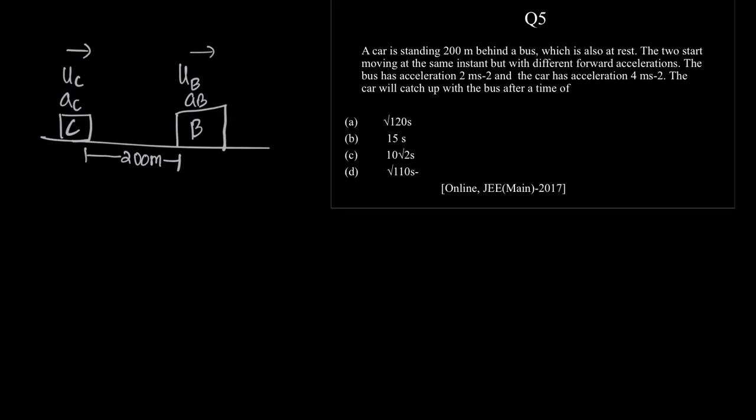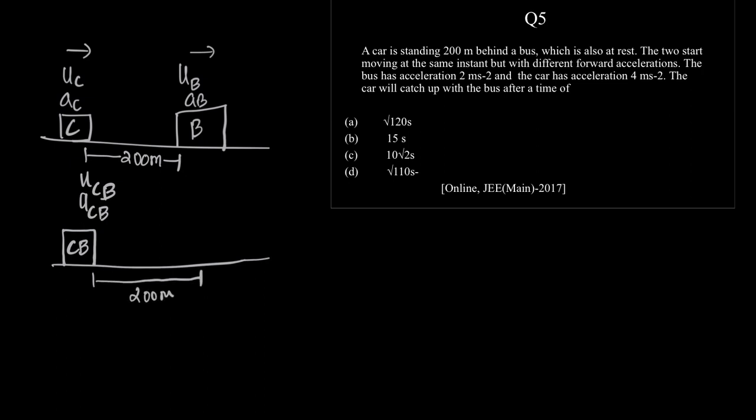Instead of considering two bodies moving in a straight line at two different points, we can combine them and say the car is moving with an acceleration of A of C with respect to B, and with speed U of C with respect to B, trying to cover the distance of 200 meters.